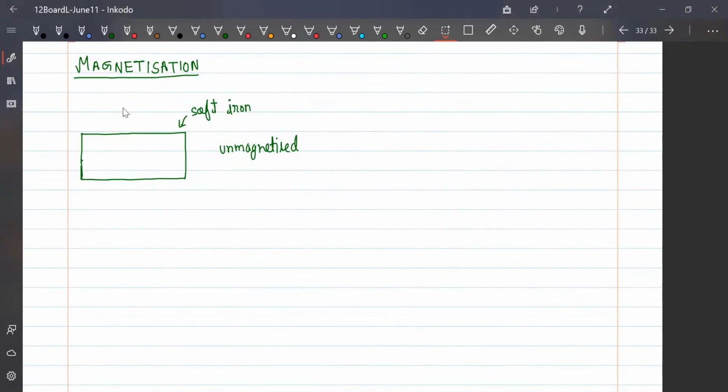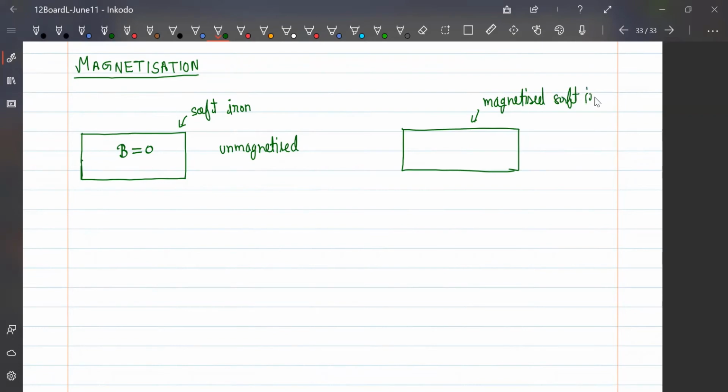Unmagnetized means the net magnetic field due to its own will be zero. But if it is a magnetized soft iron, then it will have a magnetic field of its own.